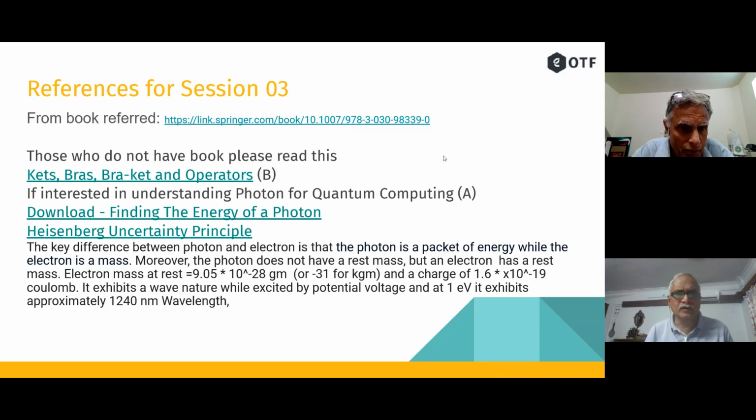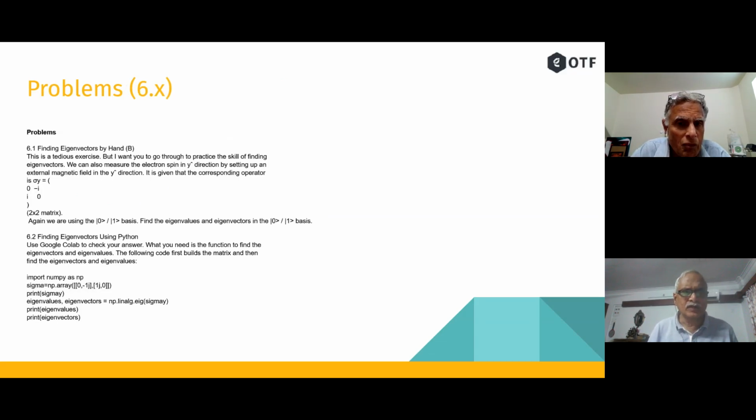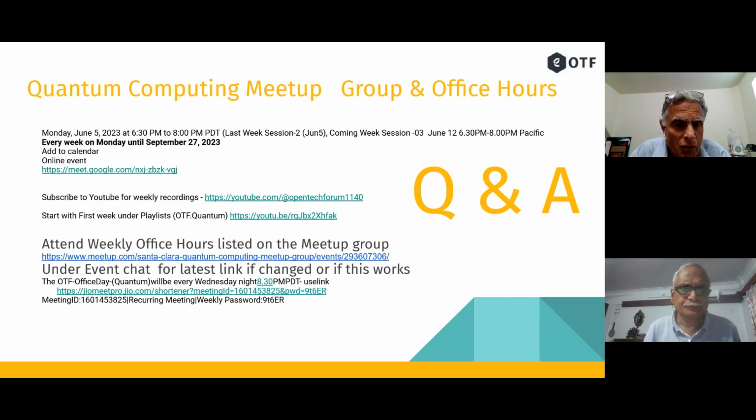And if you want to look at the way the photon behaves in the context of a quantum environment, you can download these articles, very interesting reads. And if you want to go through Heisenberg's uncertainty principle in more detail, you can follow this particular link. So here are some references for you, and these are some problems listed directly from the book. You can try them out by hand as well.